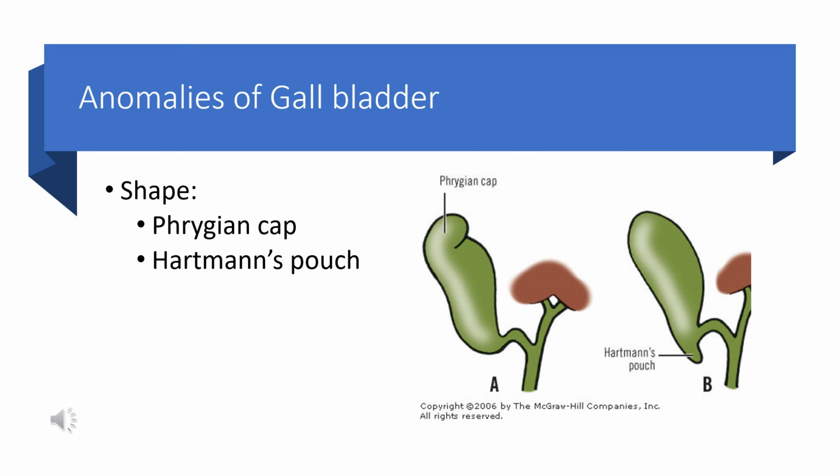The two most common congenital anomalies related to the shape of the gallbladder are the Phrygian cap and Hartmann's pouch. The Phrygian cap occurs when the fundus of the gallbladder folds on itself to form a cap-like structure.